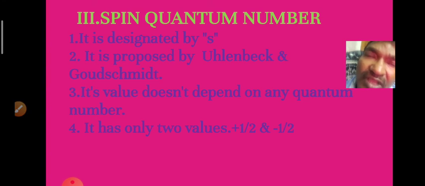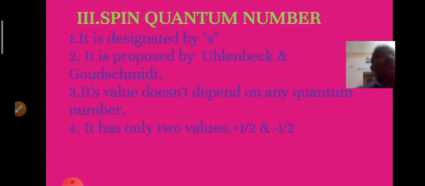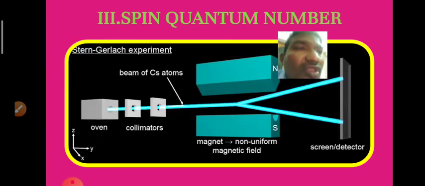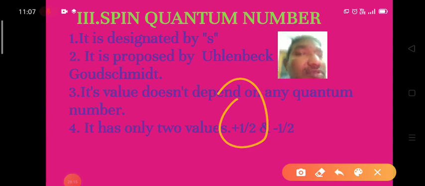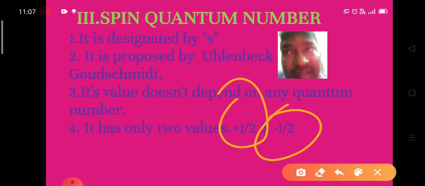The spin quantum number has only two values, plus half and minus half. Plus half indicates the clockwise spin of the electron, and minus half indicates the anti-clockwise spin of the electron.